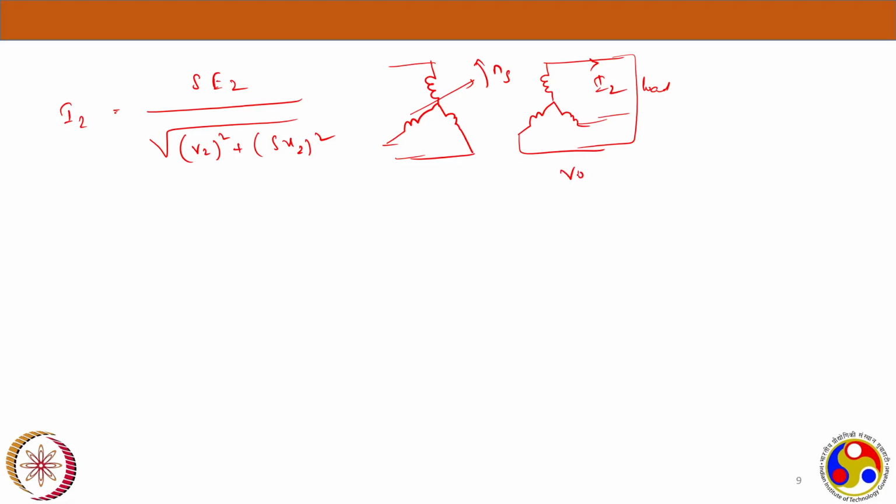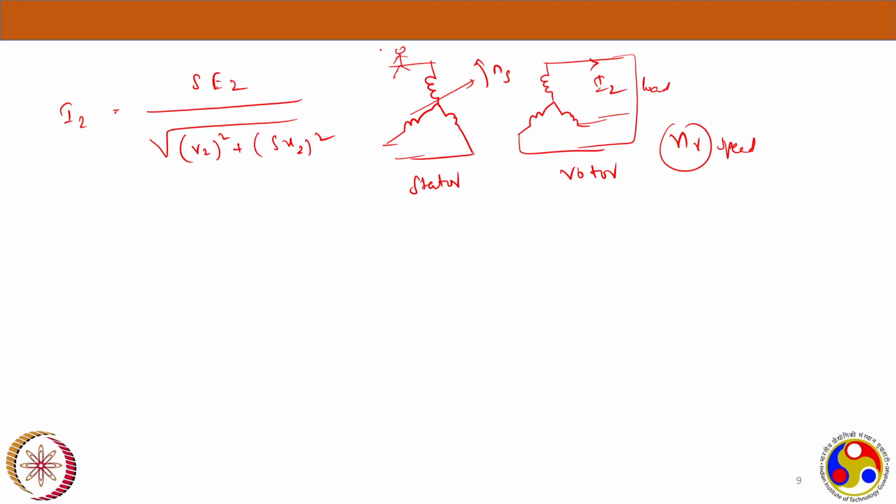Now this is rotor and this is stator, and see here my rotor is rotating with nr speed. See now, what I will do is, with respect to a stationary observer, let's say the observer is sitting on the stator, he is stationary, the stator is stationary.